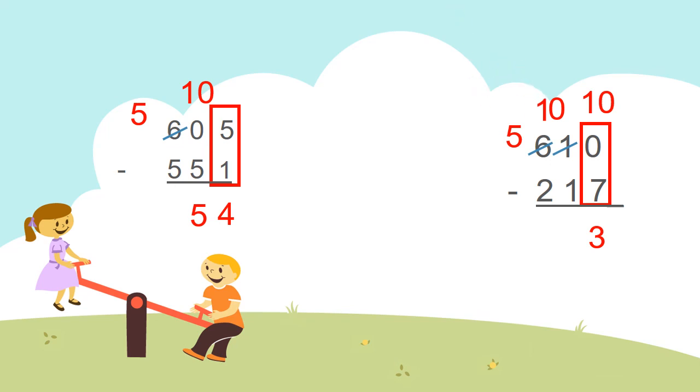So this is now 10. Now the tens became 10. Now 10, take away 1 is what? 9. You can get out 10 on your fingers and take away 1. You are left with 9. Now go to the hundreds. 5 minus 2 is 3.